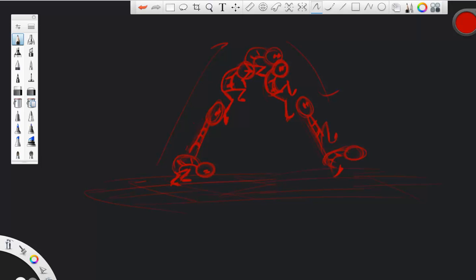Again, there would be a small rush. So he lands, this way comes down. And then maybe jumps again. Or he comes to a finish pose. So he gets up into this.